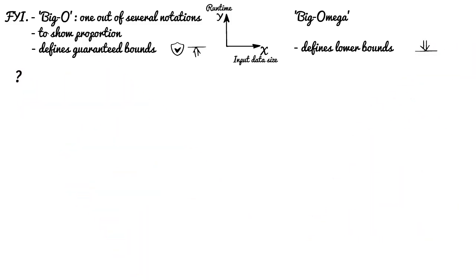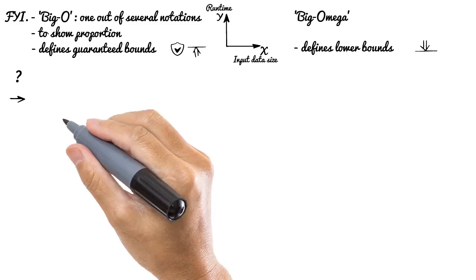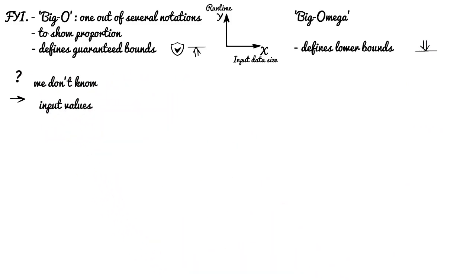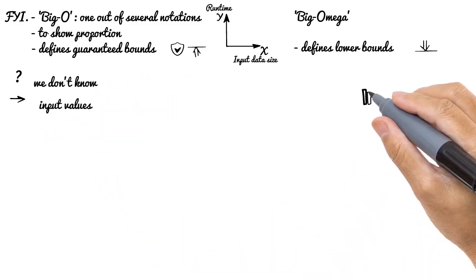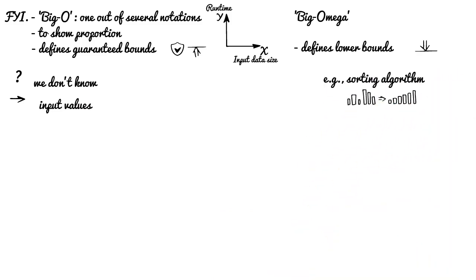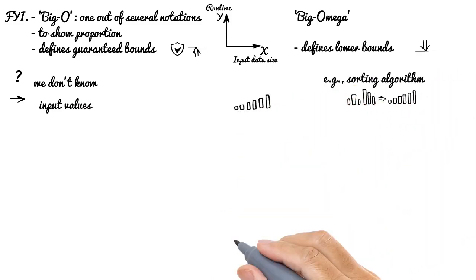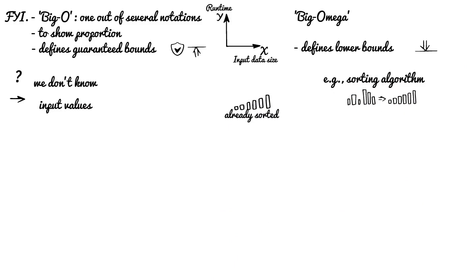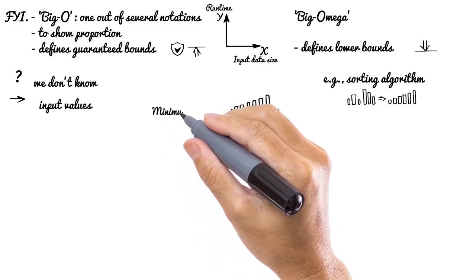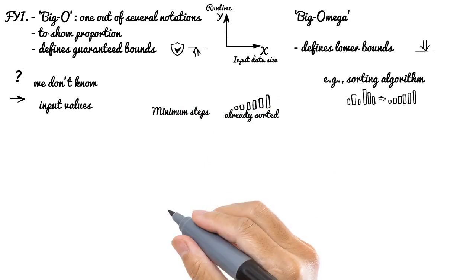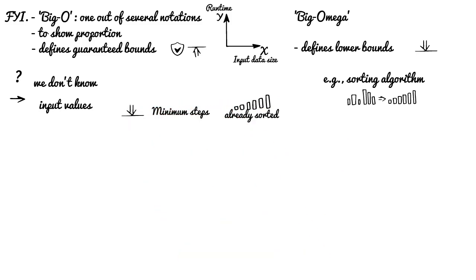Why do we have several cases? Because we don't know what values the input data will have, or how they might be prepared beforehand. For example, if you need to sort a set of input data which is already sorted, there will be no need to shuffle or move data by some sorting algorithm, just to check all values are already in the right order. This is about Big Omega, the best, fastest possible runtime scenario.